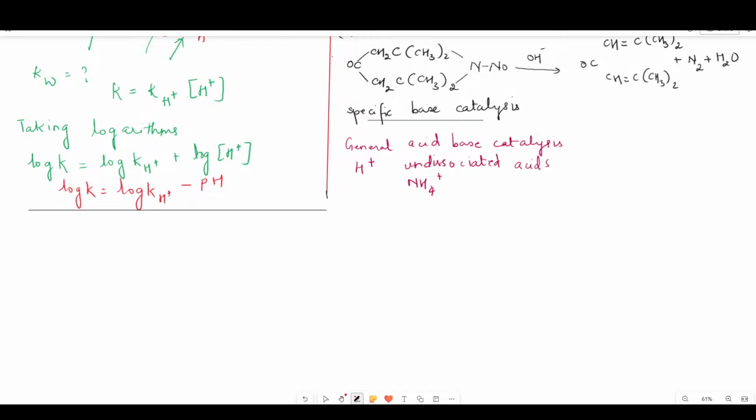Normally, in general, all the substances which have a tendency to lose a proton can function as a catalyst. This catalysis is known as general acid catalysis.